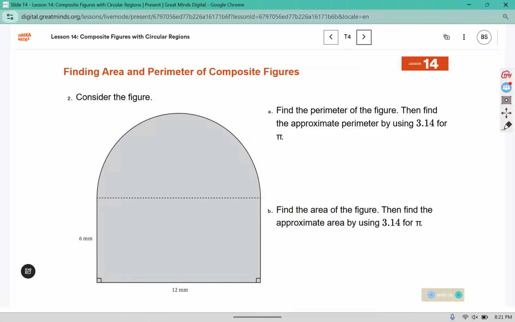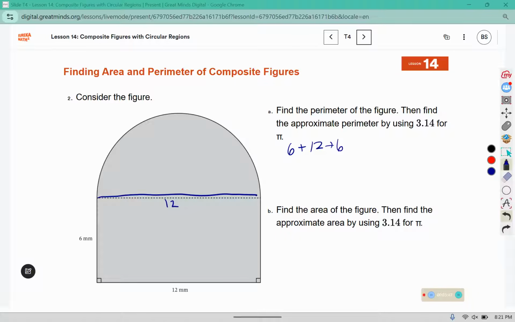Number 2 says consider the figure. Find the perimeter of the figure, then find the approximate perimeter by using 3.14 for pi. So here, there's a rectangular piece which has 6, 12, and 6. This diameter is 12, and we're going to use this piece of the circle, which is half of the circumference.